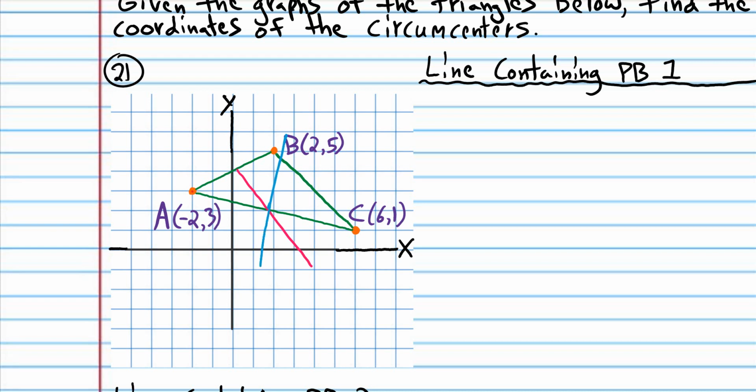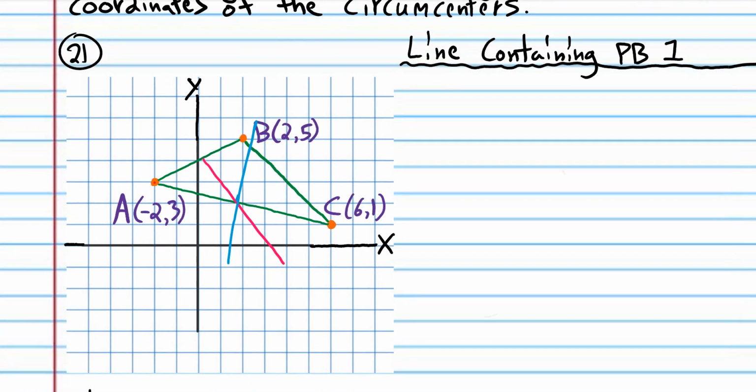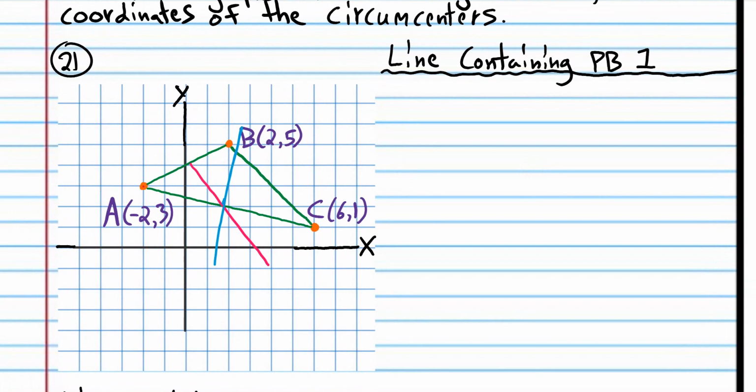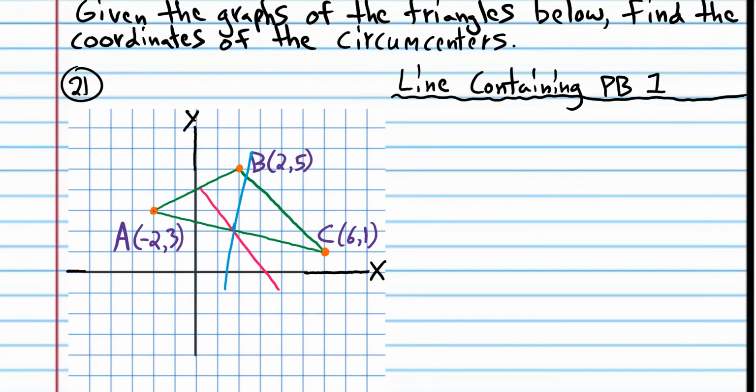And it looks like the perpendicular bisector is going to be right on the triangle. So we'll see what happens. So I'm going to say perpendicular bisector 1 and perpendicular bisector 2, so we don't get confused.